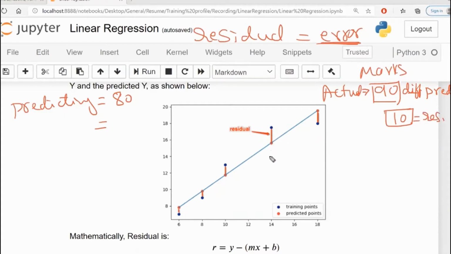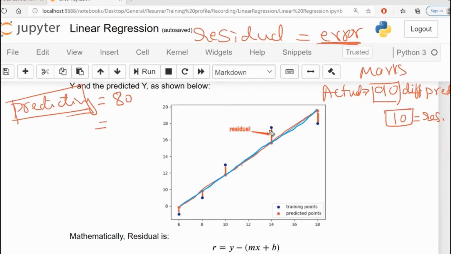As you can see, the line you are seeing over here is basically a predicted line, whatever prediction we make with the help of linear regression. But I have some actual numbers. Actual numbers will differ sometimes, and I would say most of the time.